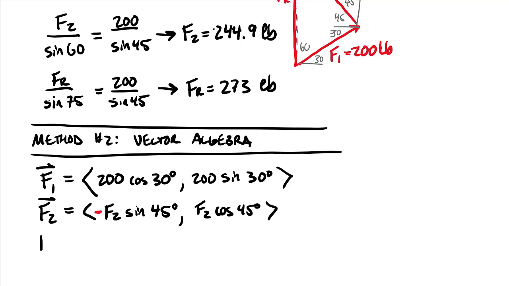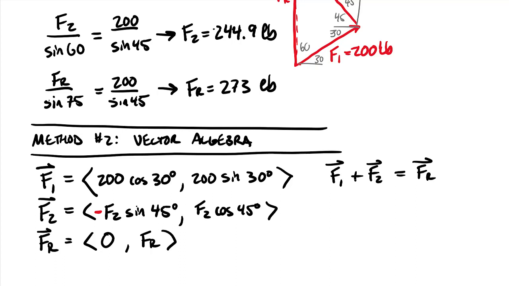And then we have F2 cosine of 45 for its vertical component, and that one will be positive. And then the last term we'd have is that FR is going to be equal to 0 because it has no x component, comma, FR. 100% of the magnitude of FR is vertical. Okay, so now we can bring these together inside our equation. F1 vector plus F2 vector is equal to FR vector. We can split out x and y versions.